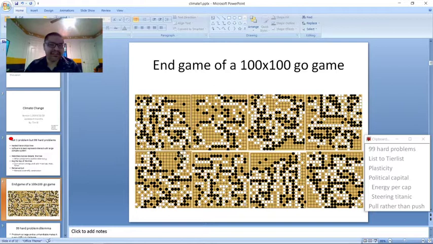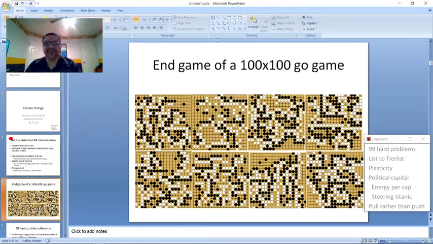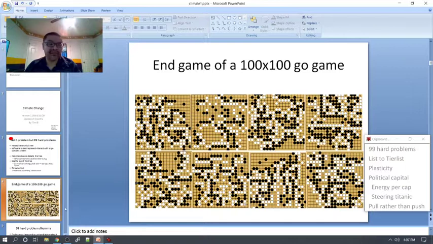The 99 hard problems are like the end game of a 100 by 100 Go game. It is extremely complicated and it's very difficult to orient towards one section or the other.